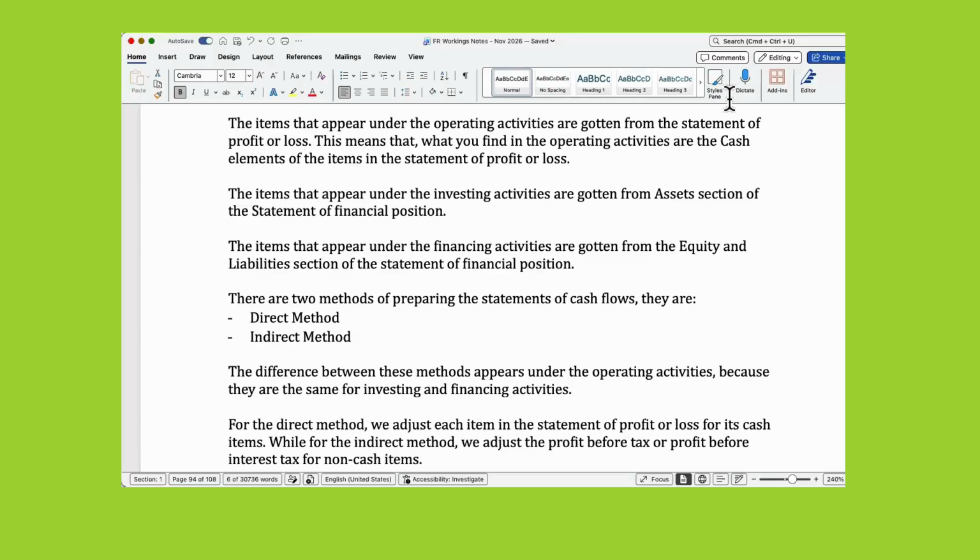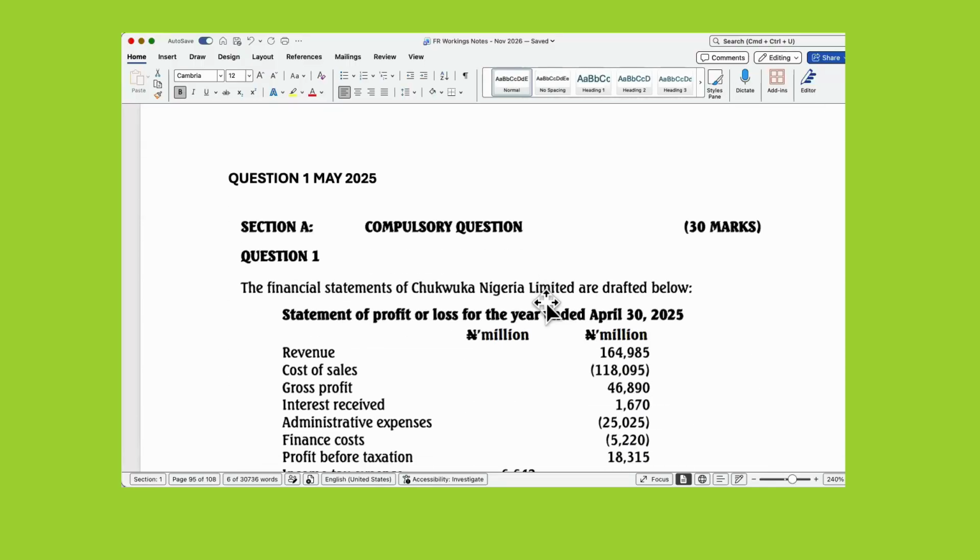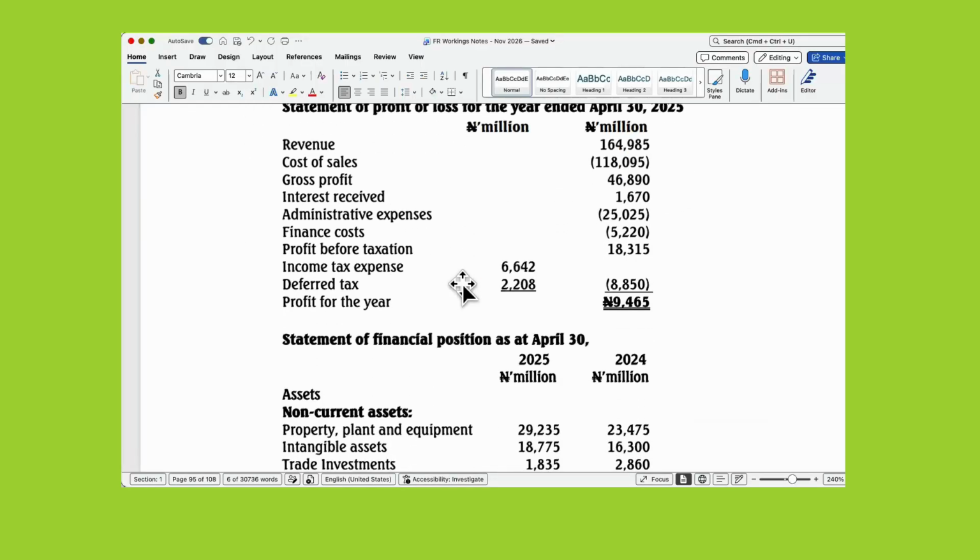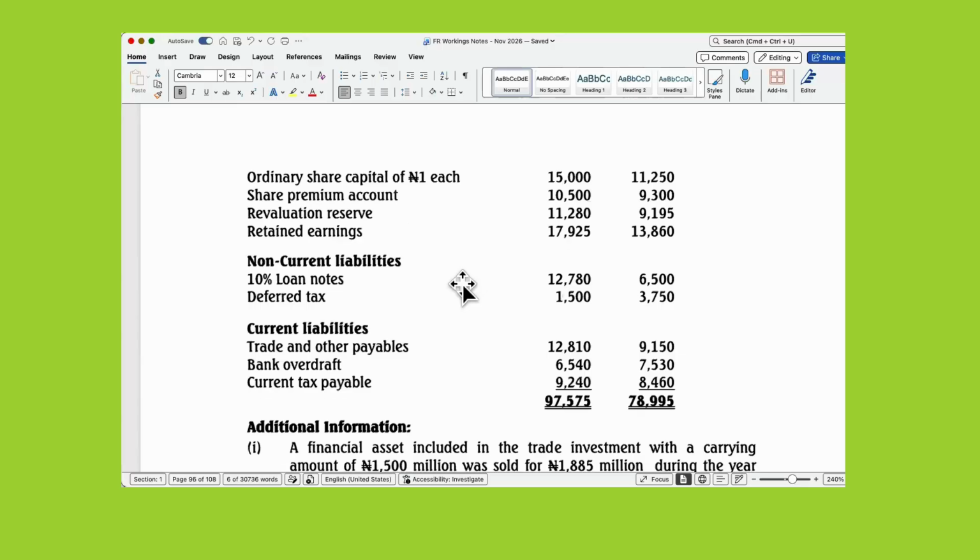That you get, okay, what was the cash from these operations? Which was what we did last week. We looked at this question to solve that.